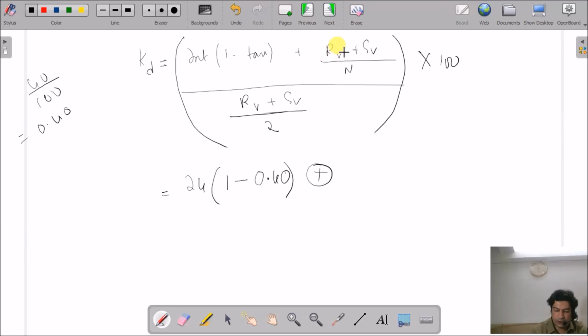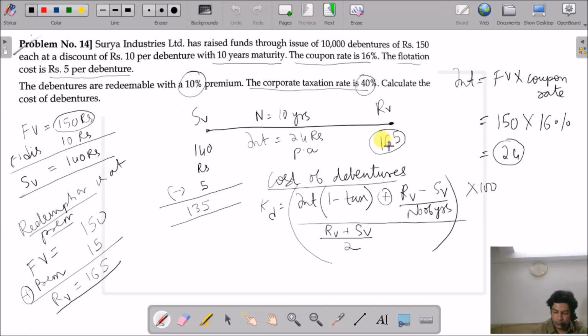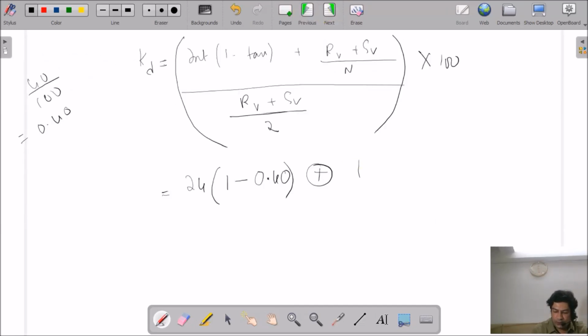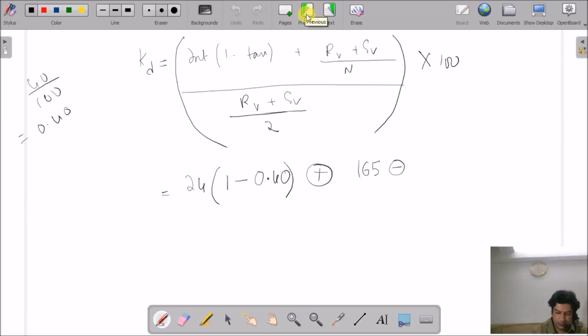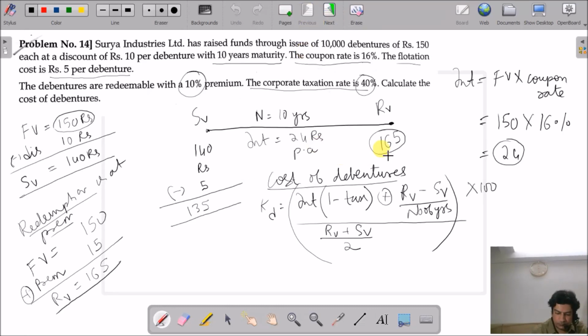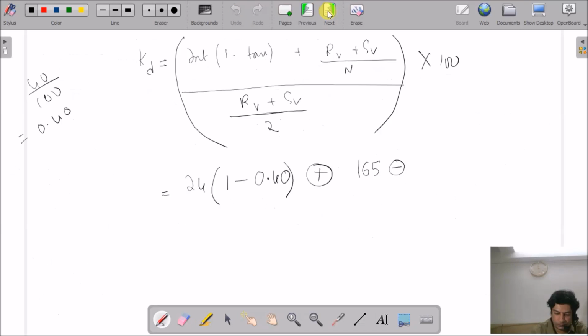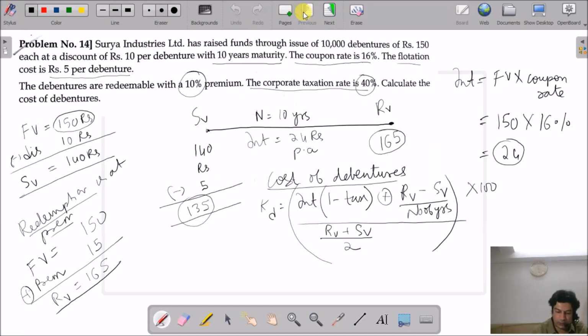Plus the redemption value 165 minus the sale value 135, upon number of years, 10 years.